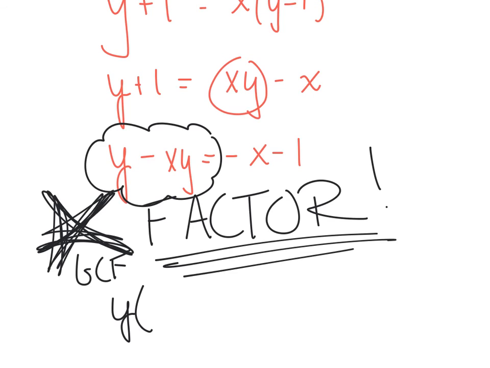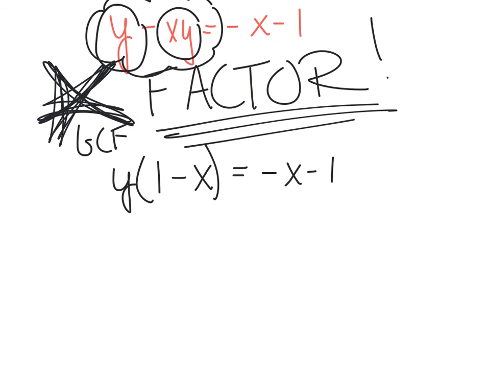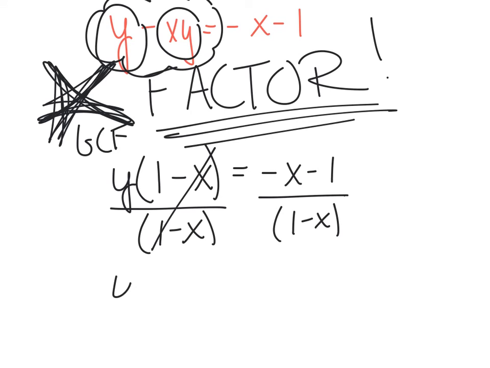So when I pull the y out, it doesn't disappear. Remember, y divided by y is 1. Then there's a minus sign. And xy divided by y is just x. Now I can get that y by itself by dividing by the quantity 1 minus x. So I would say y equals negative x minus 1 all over the quantity 1 minus x.